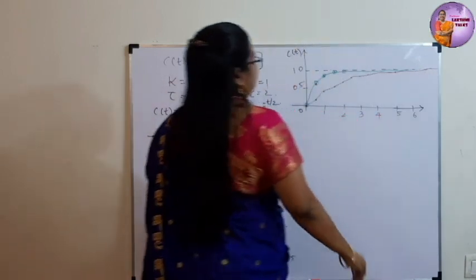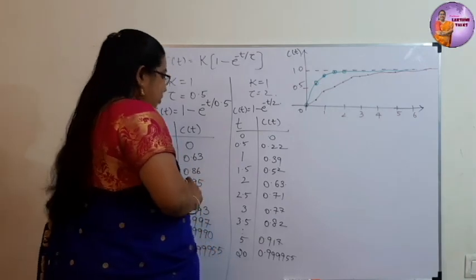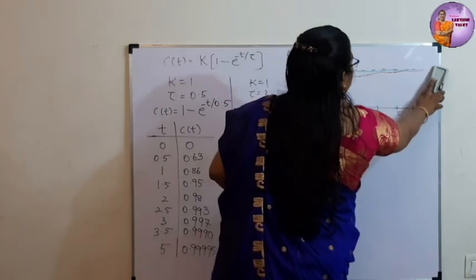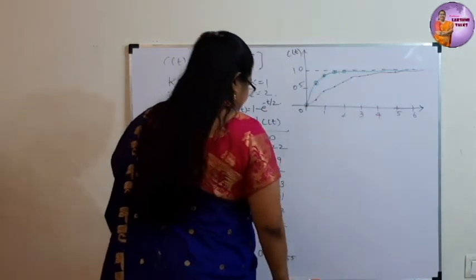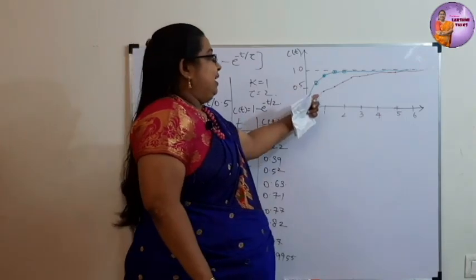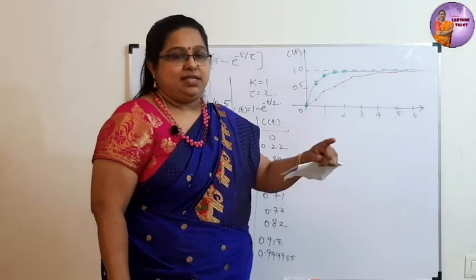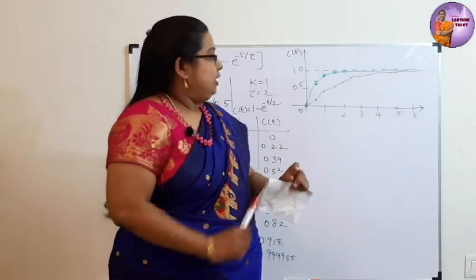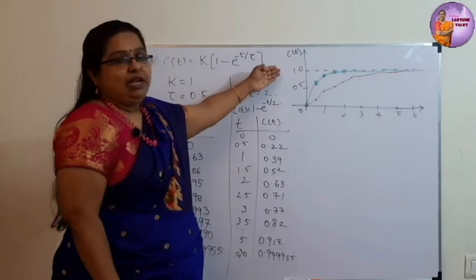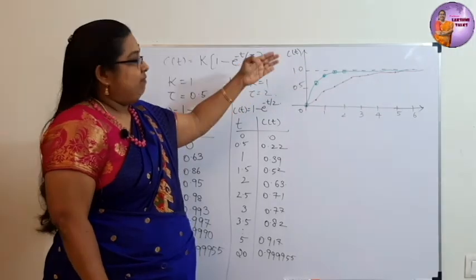Right. So from these two graphs, what do you infer? What is our final aim? It is to reach the steady state value of 1. We know that the final value should be 1, the desired output is 1.